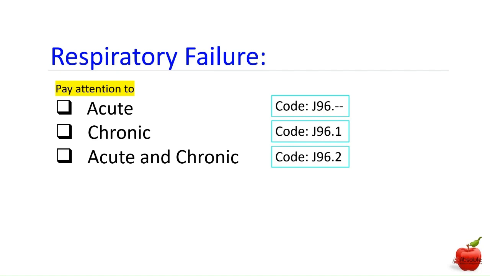Now, I know some of you might be like, I got the acute, I got the chronic, but that acute and chronic, I don't know about that. Are some of you wondering about that? Like, is that a misprint right there? It's not. Okay, so let me put this in perspective for you. If a person has chronic COPD and they come in to the ER, they're having an acute episode of an attack.